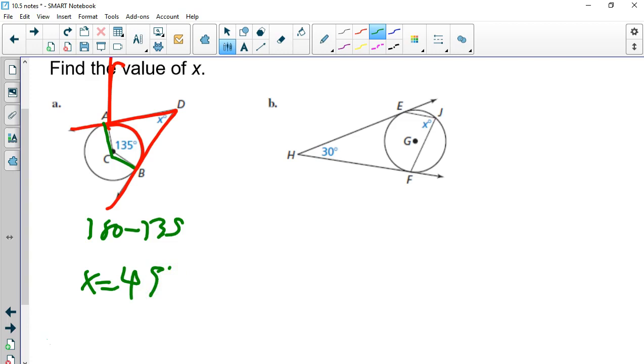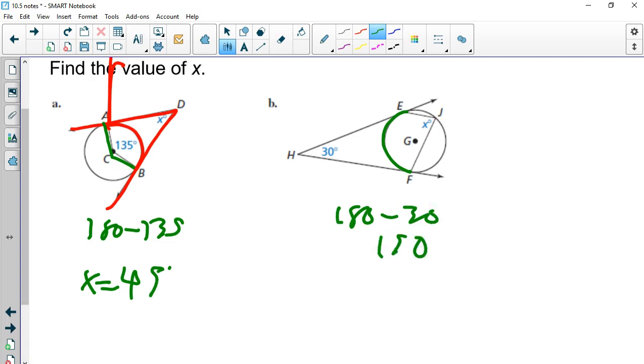Now, B's a little tricky. We're kind of working backwards here. So this is equal to 180 minus 30. So 180 minus 30 is 150.